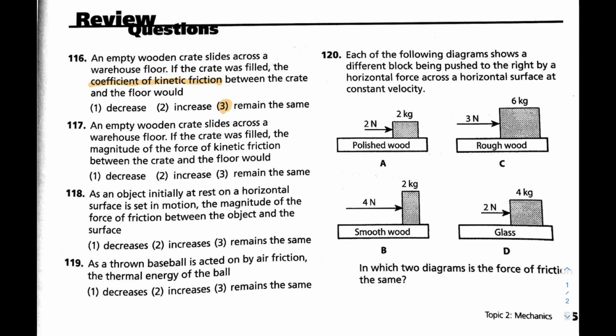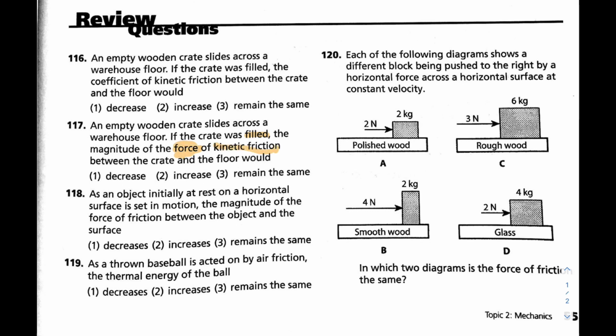All right, so similar questions. These next couple questions are all kind of dancing around the same kind of idea. In this question, if the crate was filled, just like in the previous one, it's saying the magnitude of the force, right? So this time we're talking about the force of kinetic friction.